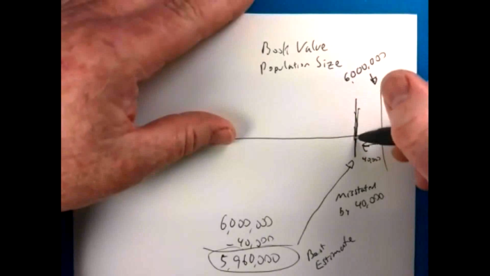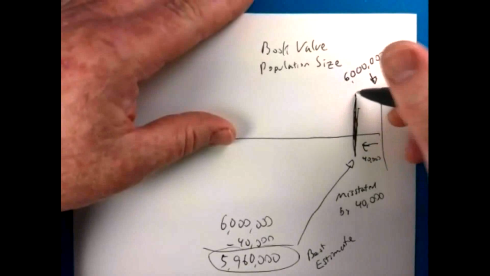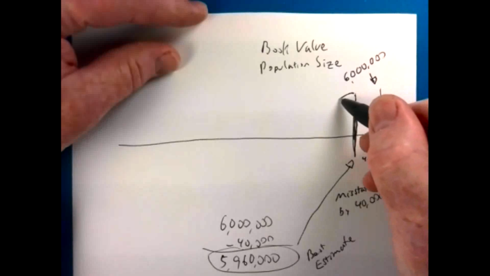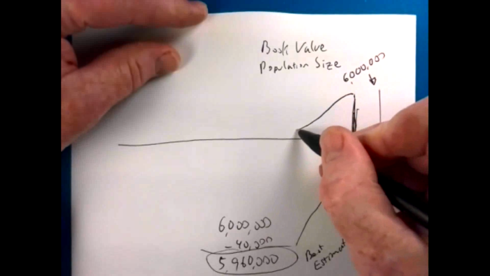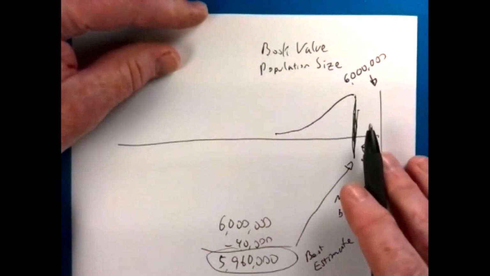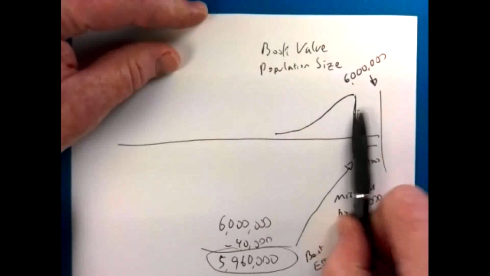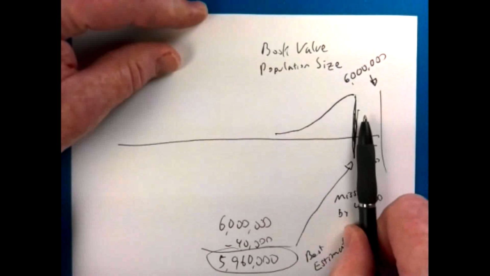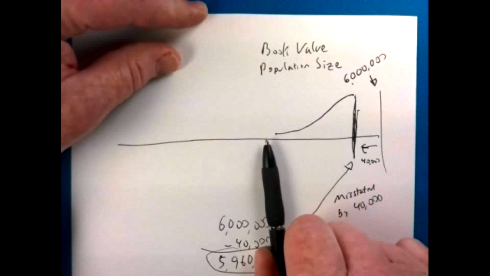We're saying it's off by 40,000, but it could be off by more. But now here's the thing: it's only going to go this way. Like a bell curve would normally go both ways, but this one ignores any understatement. So this is only for overstatement. So it'll go this way.